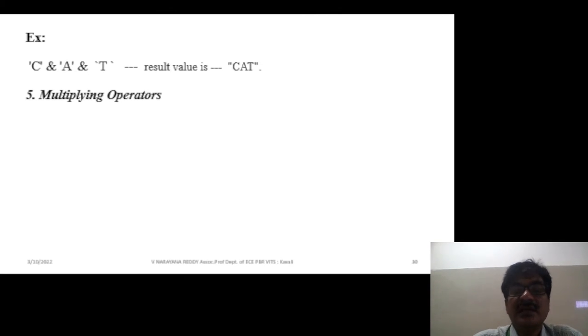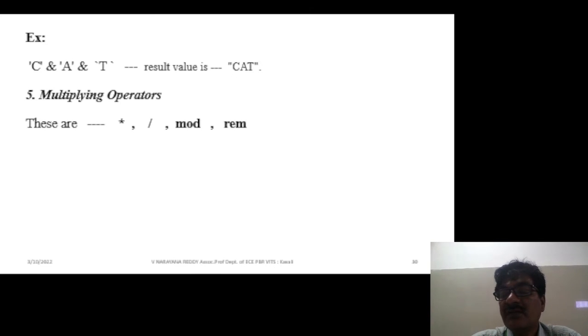Then the multiplying operators. What are the different multiplying operators available in the language? There are four: asterisk, slash, mod, and rem. Asterisk is for multiplying two numbers, slash for division, mod for the modulus operation, and rem for finding the remainder.